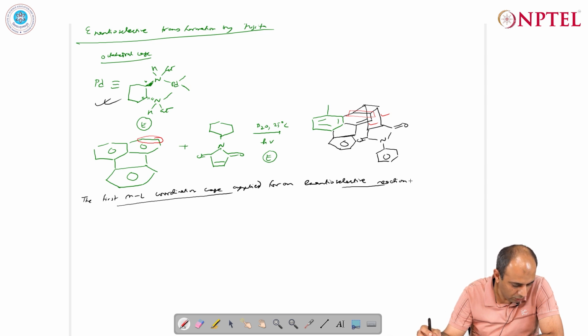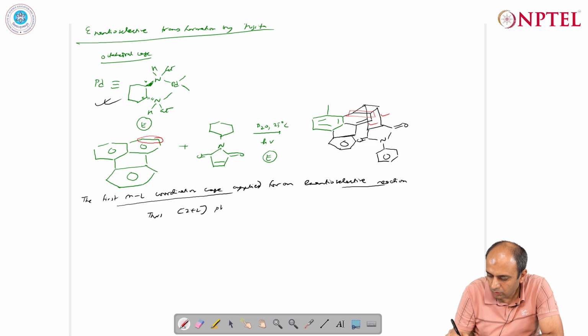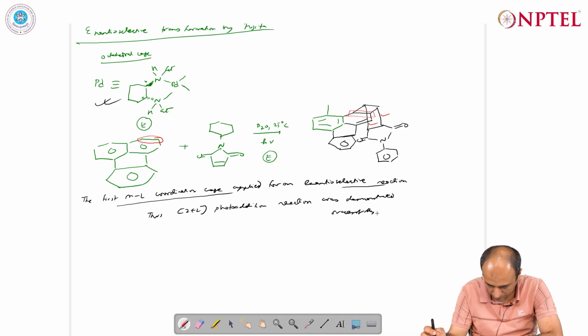So now in the presence of this kind of a molecular cage, we were able to successfully demonstrate the 2 plus 2 photo addition reaction. Okay.